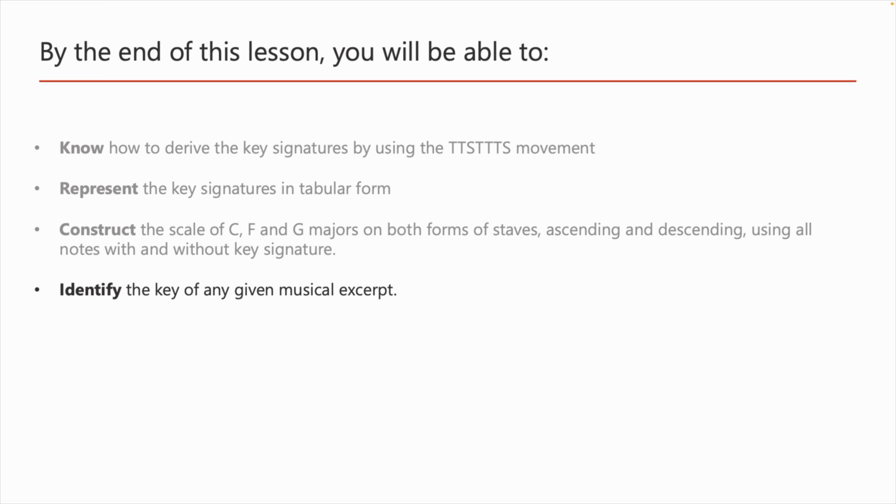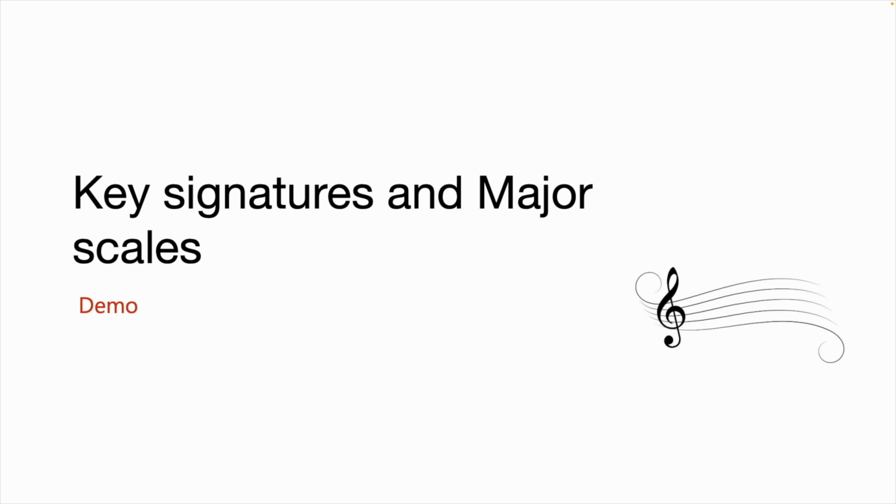And eventually you'll be able to identify the key of any given musical piece or score, just by glancing through it. So let's get right into the practical demonstration of these key signatures and major scales.